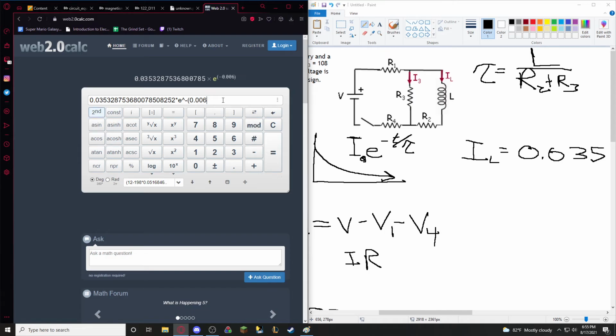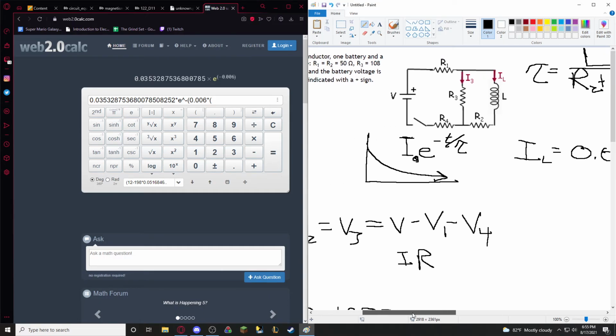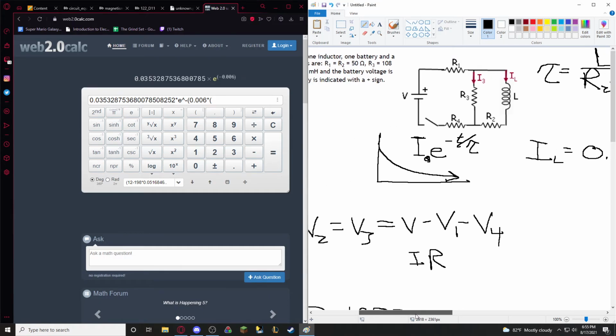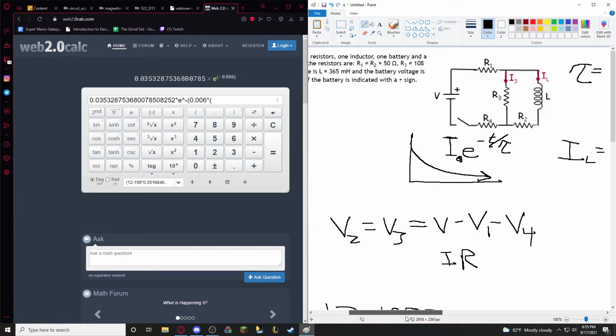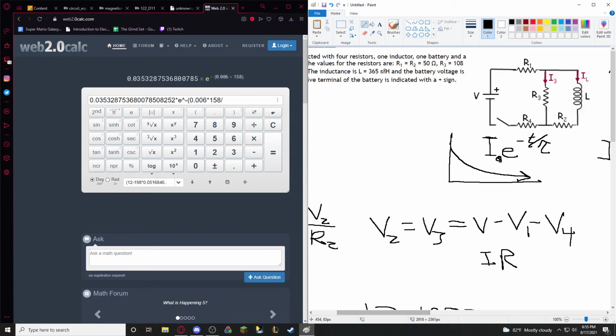So I'm going to then multiply this by R2 plus R3, and then just divide by the inductance. TR over L, R2 plus R3 is 158 ohms, divided by the inductance, which is 365 millihenries, which moved over 3 decimals to get it into henries, which is the SI unit.